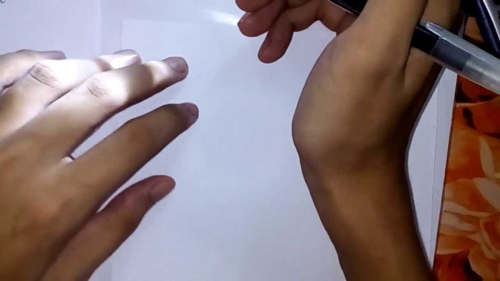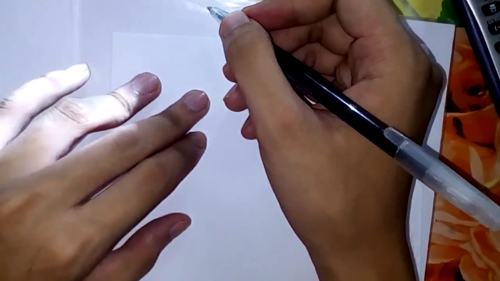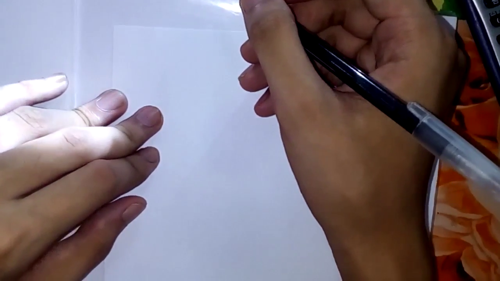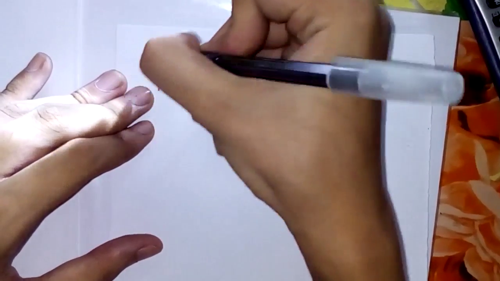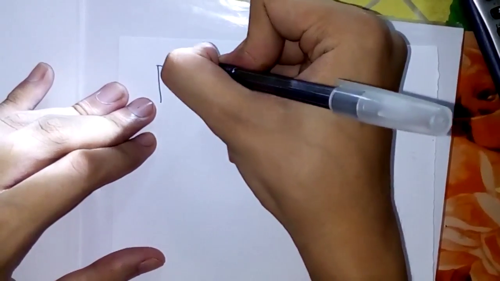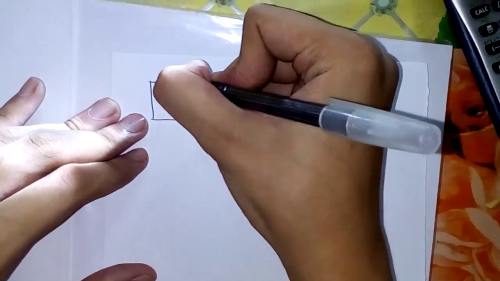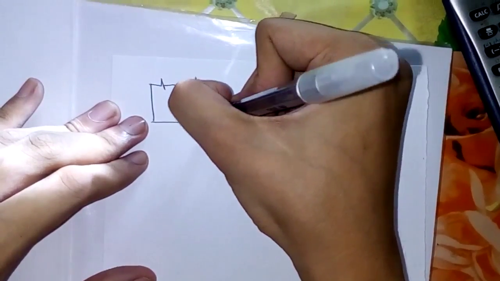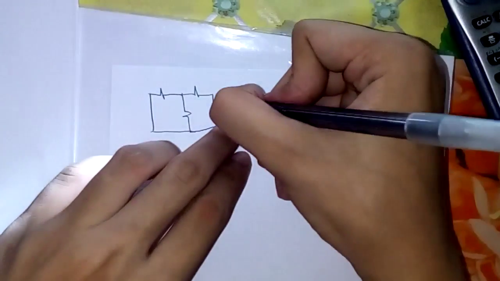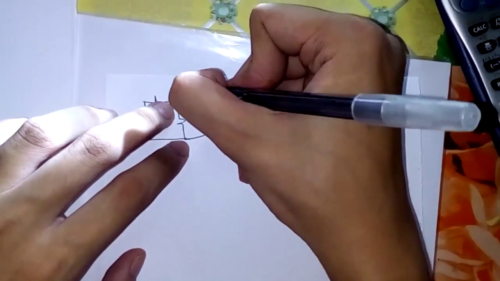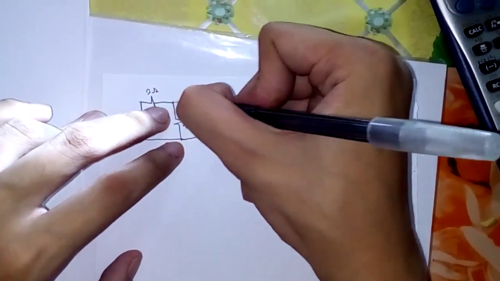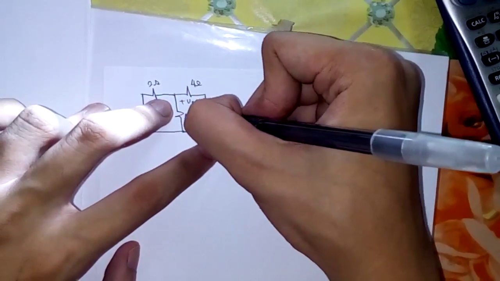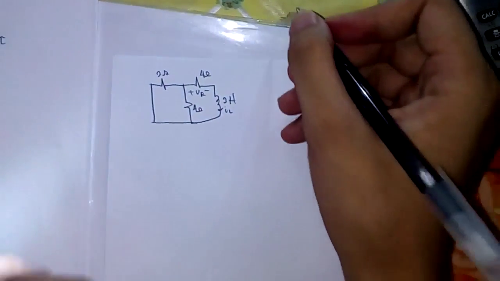In order to get ILN and VRN, first we need to short our voltage source to get a source-free RL circuit. So we have here a circuit that looks like this. Sorry for the drawing. Positive-negative VR and IL.